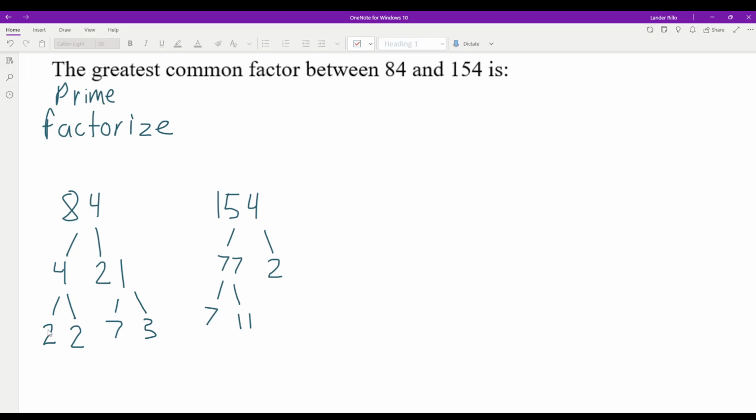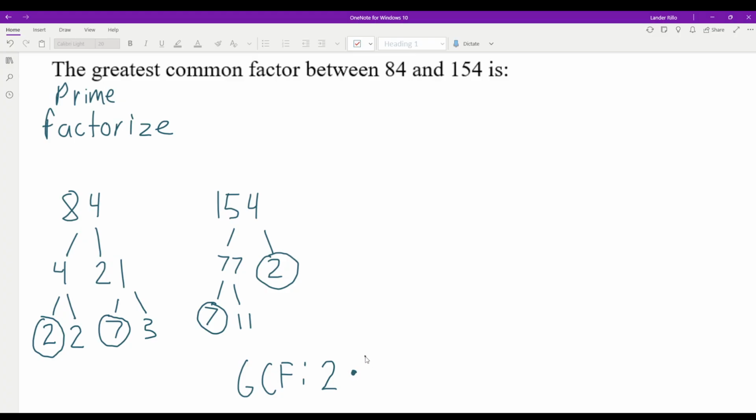So what we do now is look at the common factors between them. There's a 2 here, and there's a 2 here. So we can already have our GCF include 2, and then we also see that there's a 7 here, and there's a 7 here.